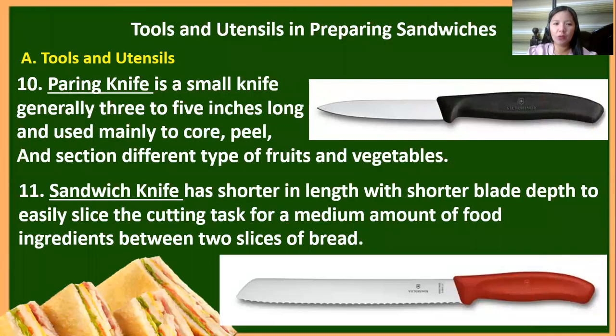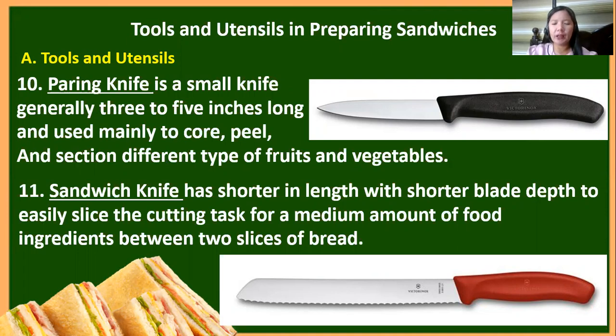Okay, for number 10, we also have a paring knife. It's a small knife, generally 3 to 5 inches long, and used mainly to core, peel, and section different types of fruits and vegetables. For number 11, we have a sandwich knife.